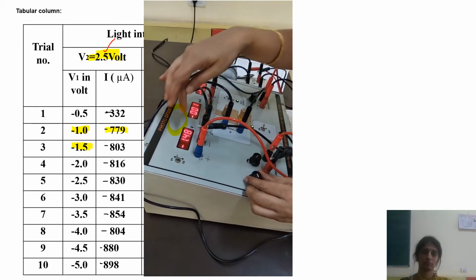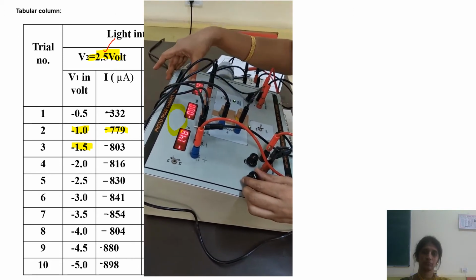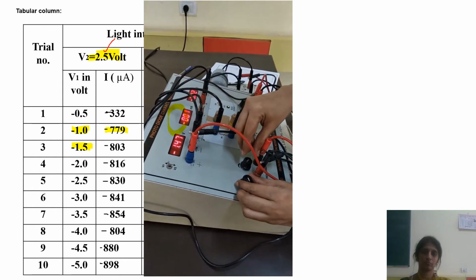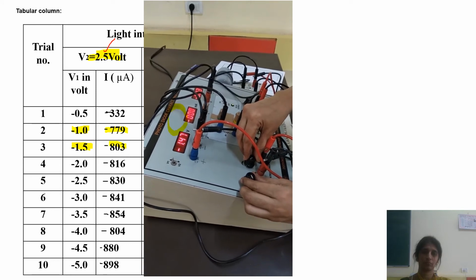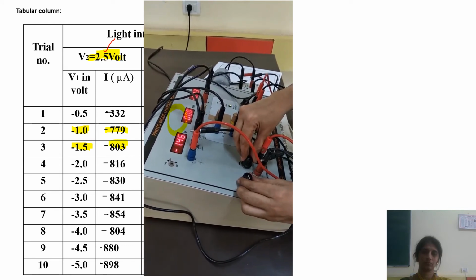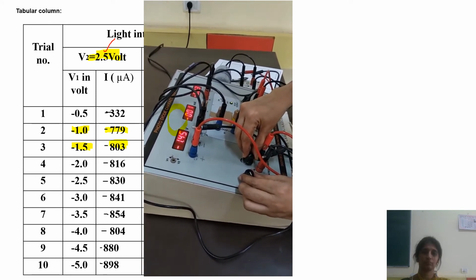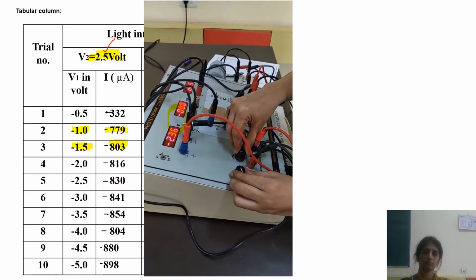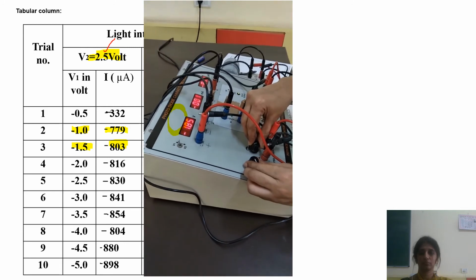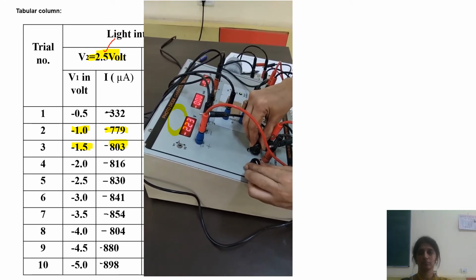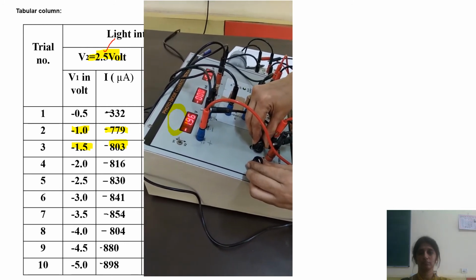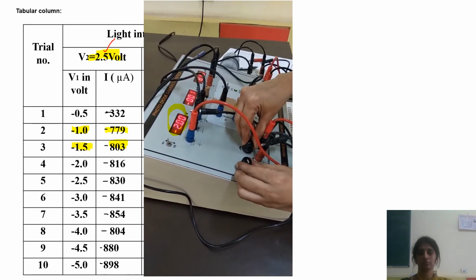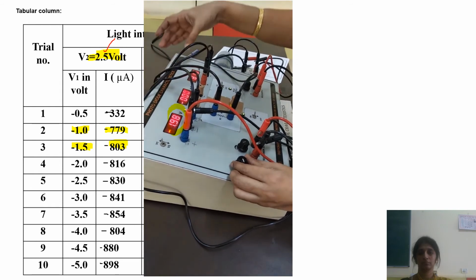Keeping it at 1.5, note down the corresponding current. It appears to be 803 microampere. Next, set the reading to 2. For 2 volt, note down the corresponding reading.